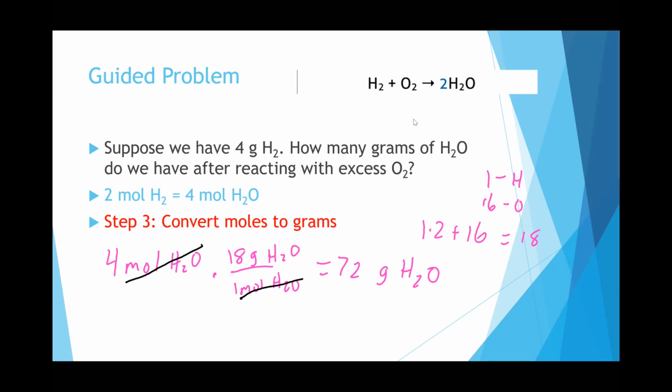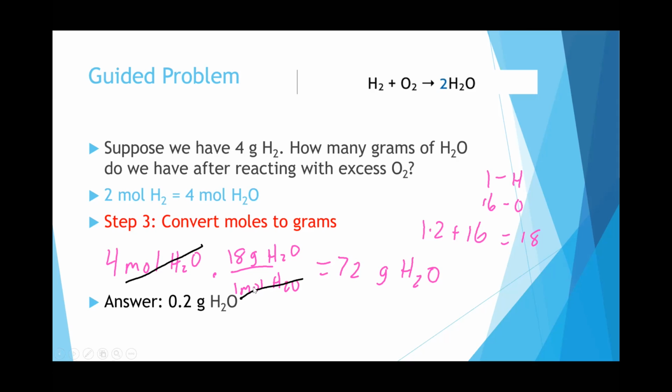Let's see the answer key. Oh, wait. I made a mistake on the answer key. It should be 72. I think I divided instead of multiplied. Yeah, you probably divided. 0.2 is close to 4 out of 18.